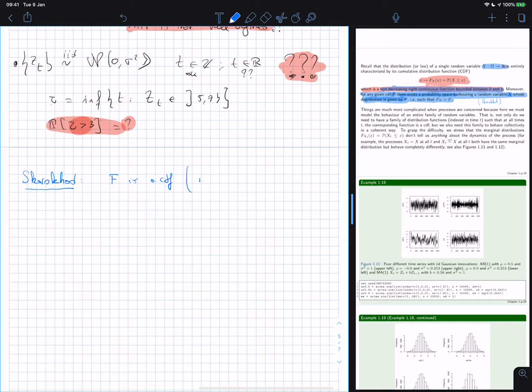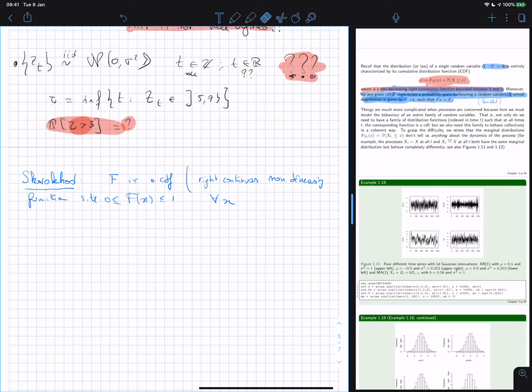It's a right continuous, non-decreasing function such that F of x is between 0 and 1 for all x.